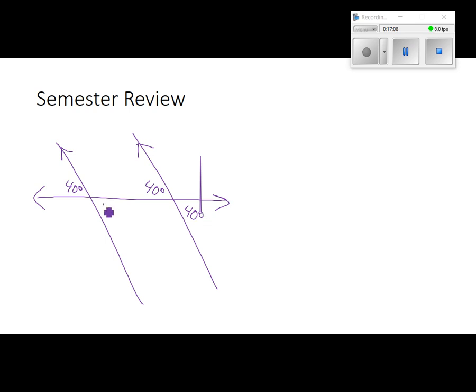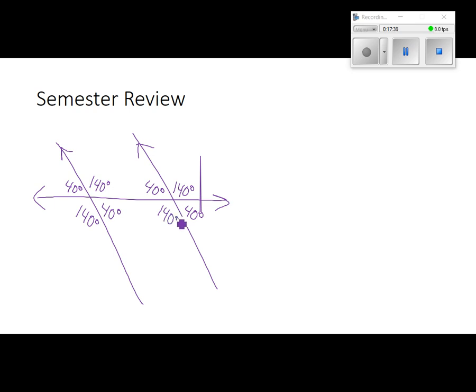What's that one? 40 degrees. What's this one? Not 160, 140. Stop. 140. Stop. 140.